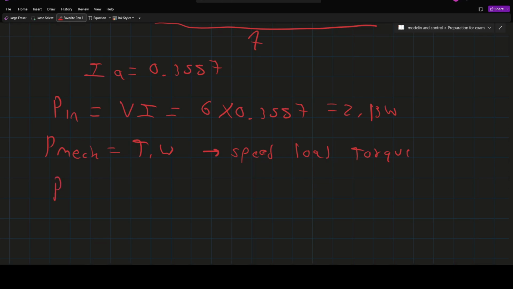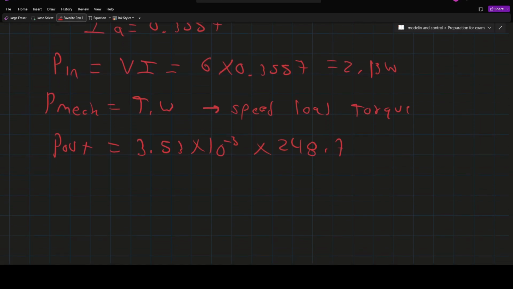So we have a P out of 353 times 10 to the minus 3 times 248.7, and we do the calculation.